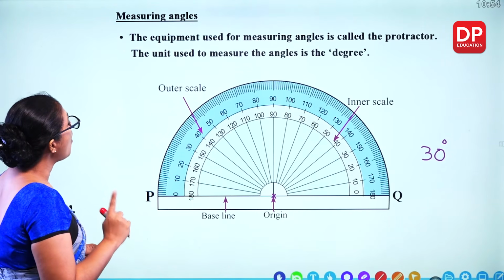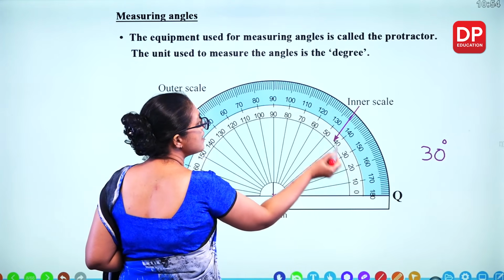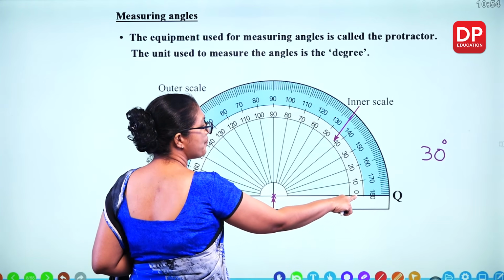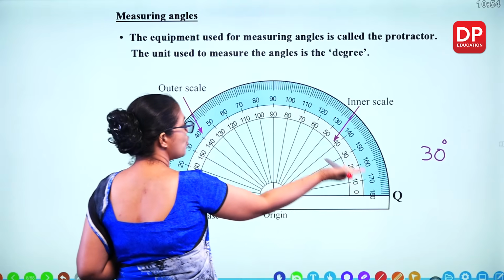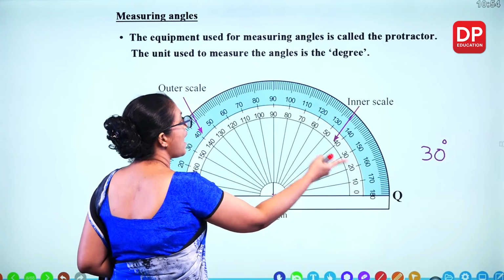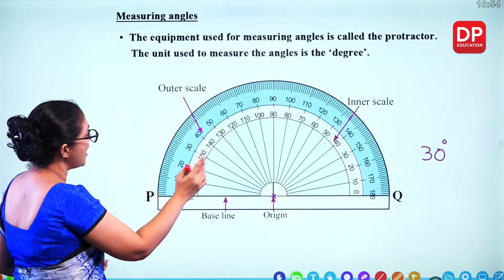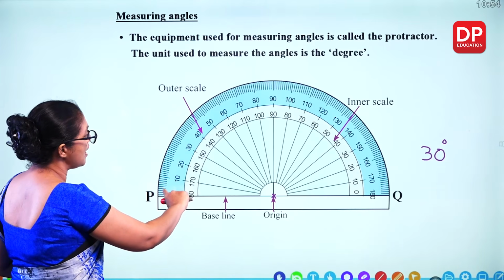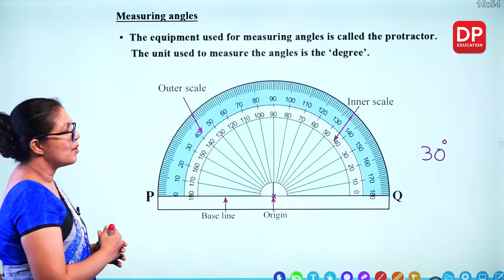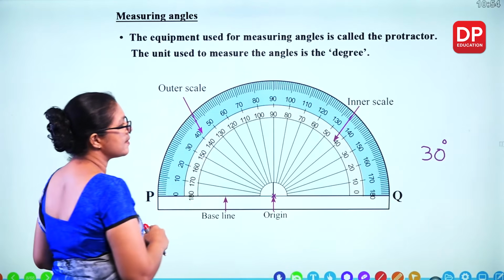So you get outer scale and inner scale. We call inner scale starting from here, Q to P. That's anti-clockwise. And outer scale is clockwise starting, that means P to Q. Clockwise you are measuring angles.